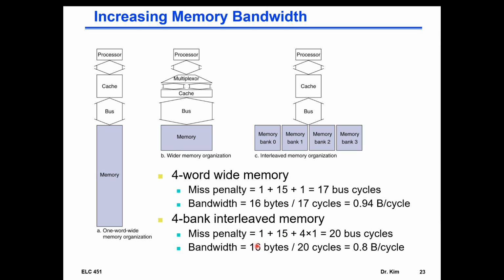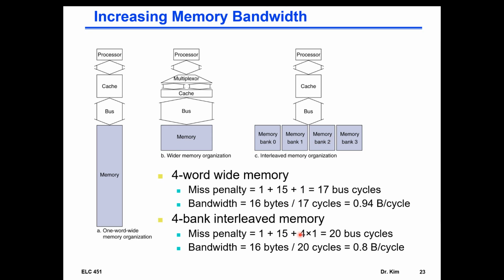Here for interleave, I'm going to have 1 cycle to address, because I can address all of them. Since they are separate memories physically, the access is being done in parallel for all of them.